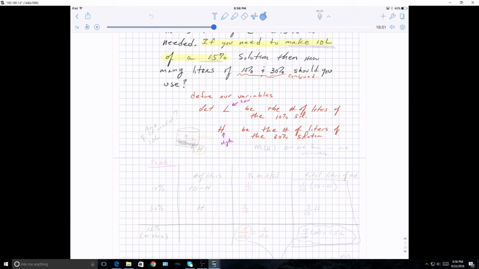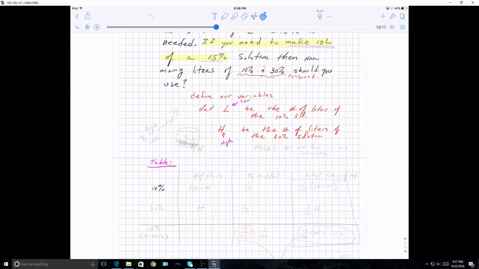Now, whenever you're confronted with a mixture problem, my first advice is to make a table. So, in the table, what we want to do is label some of the aspects that we need. Well, we need to know how much of a 10% solution we're going to use.